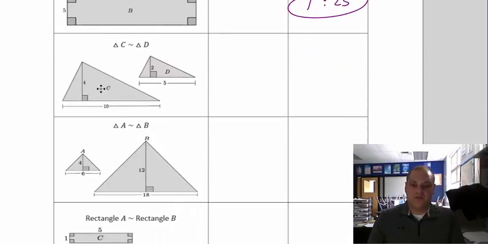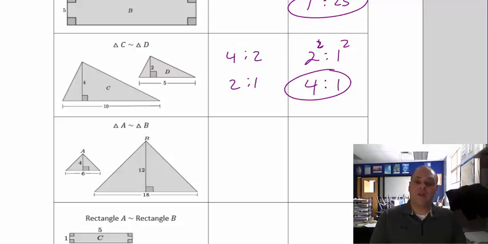For this one here, it's 4-to-2. That reduces to 2-to-1. 4-to-2 is the same as 2-to-1. So I'll do 2-to-1 and then square, and I get 4-to-1. 4-to-1 would be the ratio for the area.